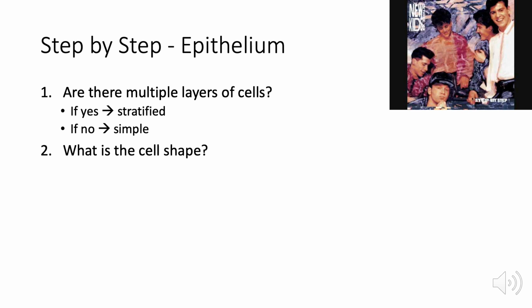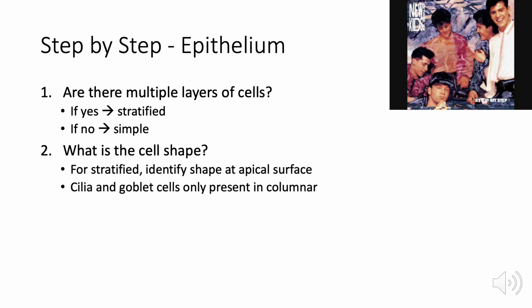Second thing to do is determine the cell shape. And the cell shape will either be squamous, cuboidal, or columnar. So for squamous, remember they're squished and flat. Cuboidal are cubes, so they look like squares in 2 dimension, and columnar are elongated like columns. If you have already determined that it's a stratified epithelium and now you're trying to identify the shape, remember that you must look at the shape that is at the apical surface, right?